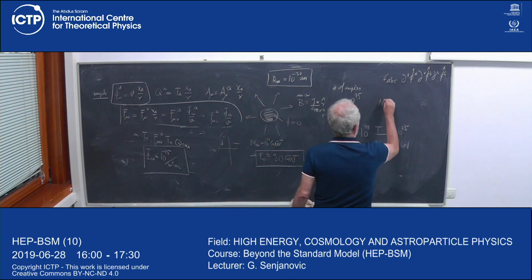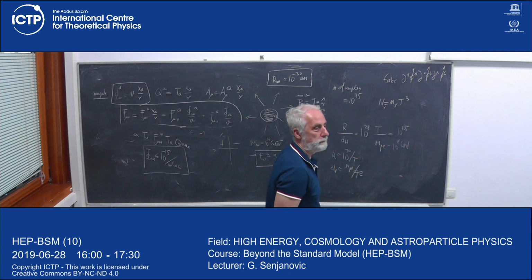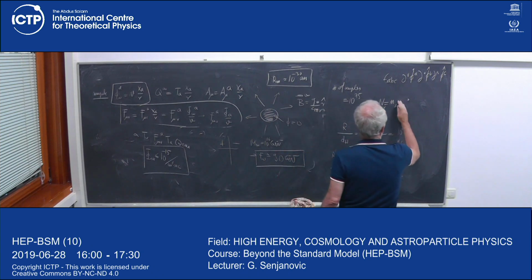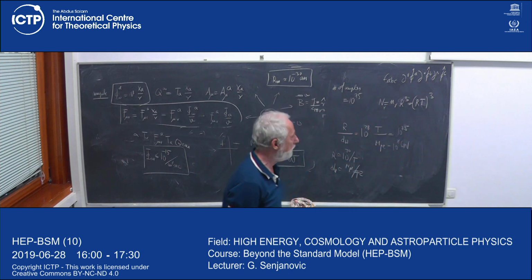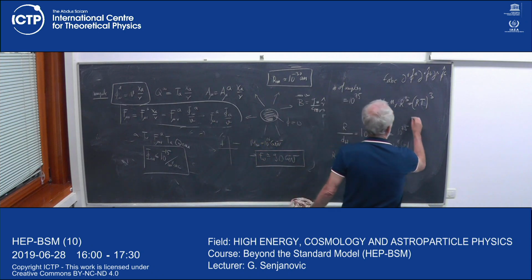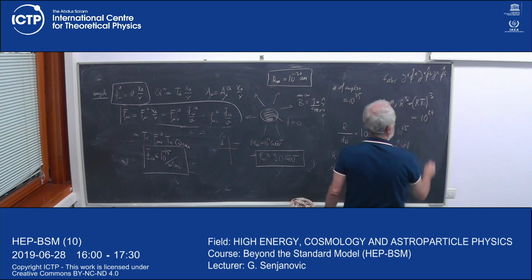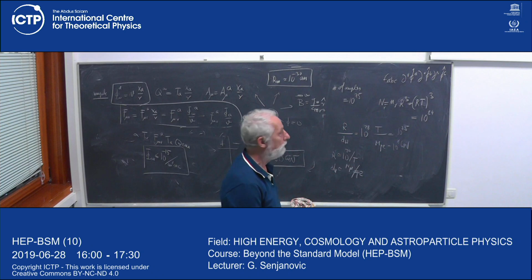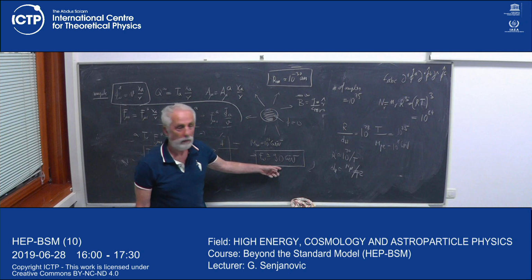The number of photons n is the density of the photons, temperature cubed, times the volume. So this is RT cubed. It's actually a cube of this huge number, which is 10 to the 84. So they're about 10 to the 74. This is the number of photons.